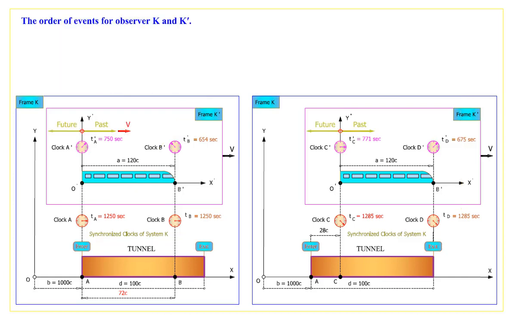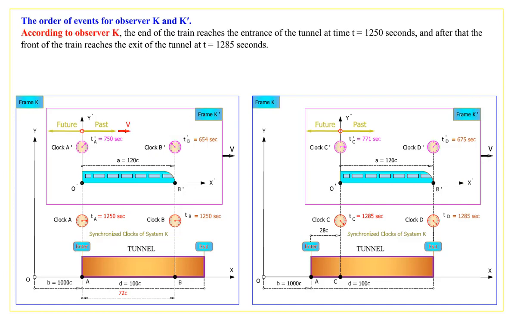The order of events for observers K and K'. According to observer K, the end of the train reaches the entrance of the tunnel at time t equals 1250 seconds, and after that the front of the train reaches the exit of the tunnel at time t equals 1285 seconds. And the time interval is delta t equals 35 seconds.